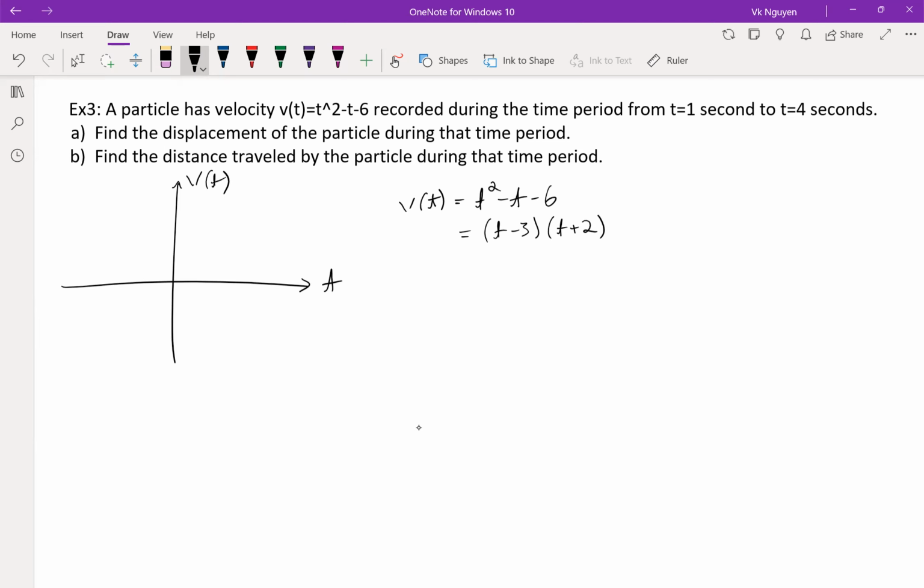So we have two x-intercepts, one is equal to 3 and the other one is negative 2. So we have 3 and negative 2, and this is what the parabola looks like.